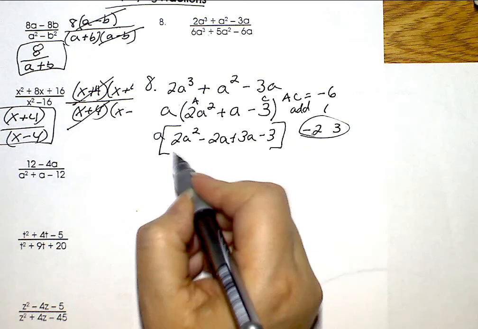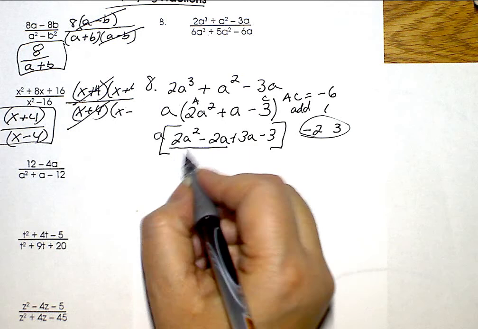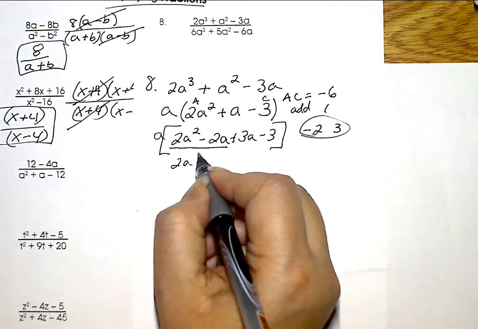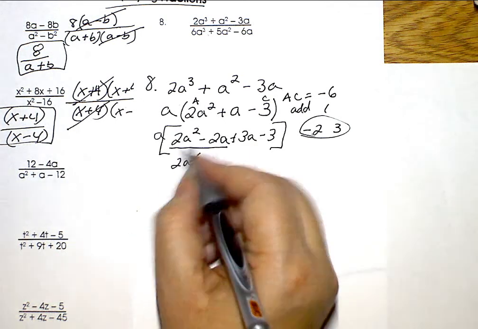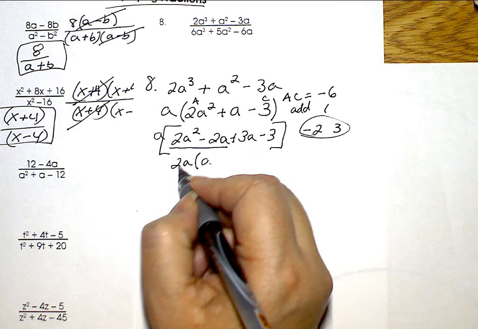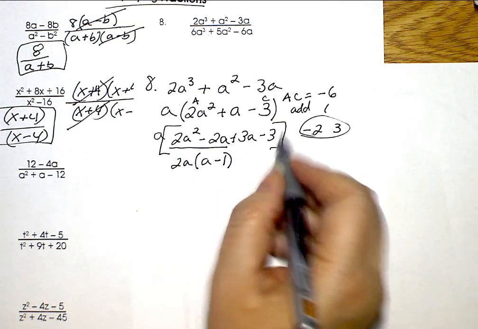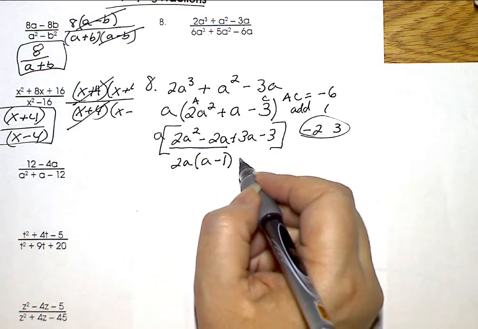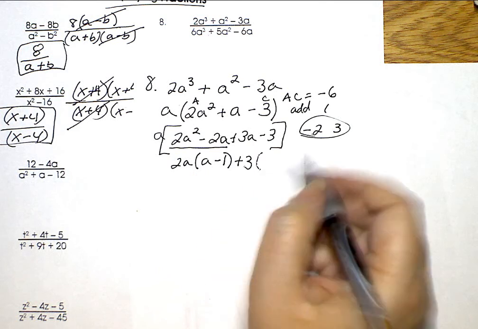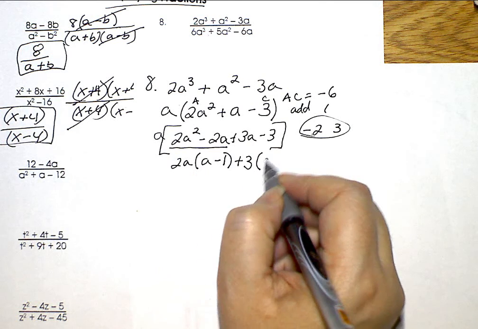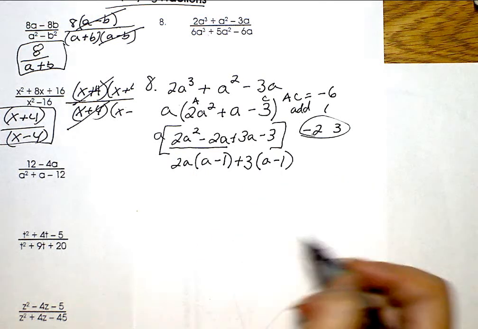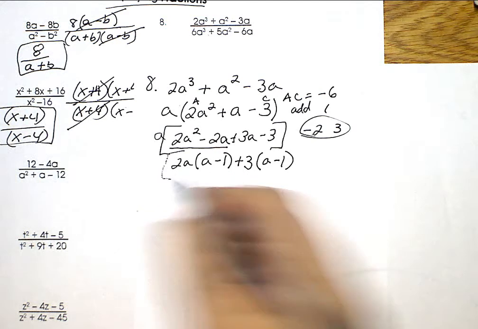What's in common here? 2a. What's left? 2a times what gives me 2a squared? Minus 1. And here we're going to pull out, just bringing down the a.